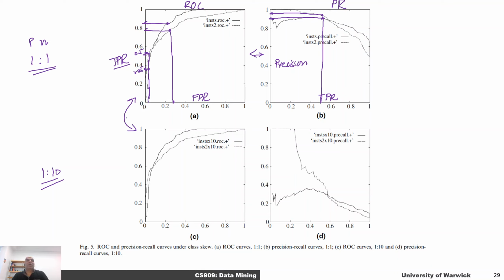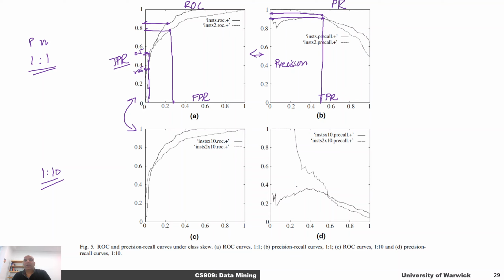And that is because ROC curves are based on false positive rates and true positive rates, so they are not impacted by the class imbalance ratio. Okay. On the other hand, the PR curve is going to change significantly.